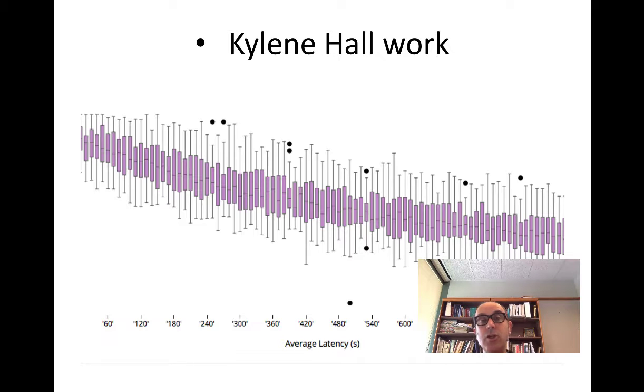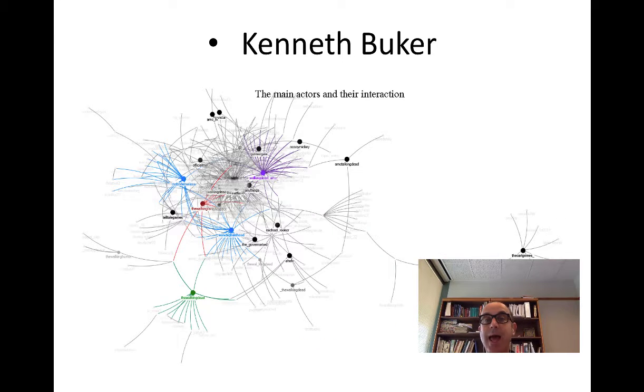This is student Kelly Hell's work in R, in ggplot2. And this is Kenneth Becker's work with regard to a Twitter account and how he took data from Twitter. I'll show you an example.